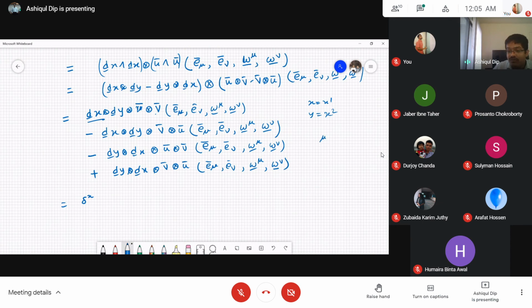Mu can take 2 values, either x or y. Then Kronecker delta y nu.